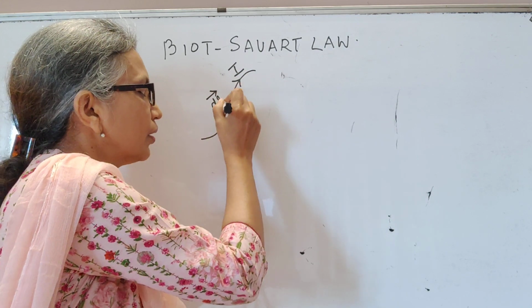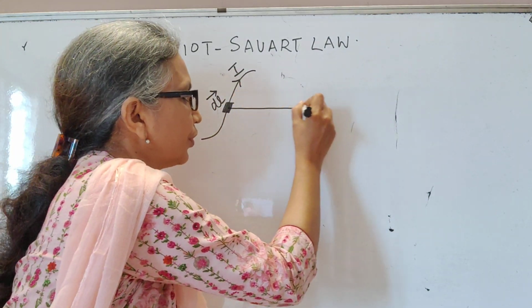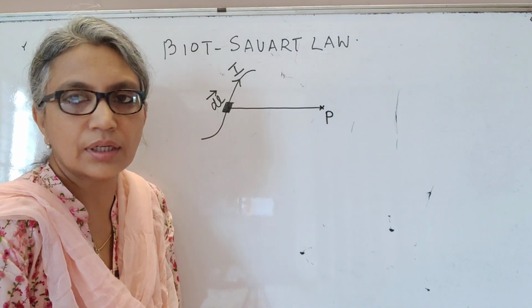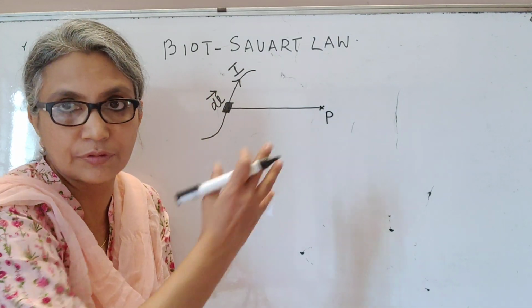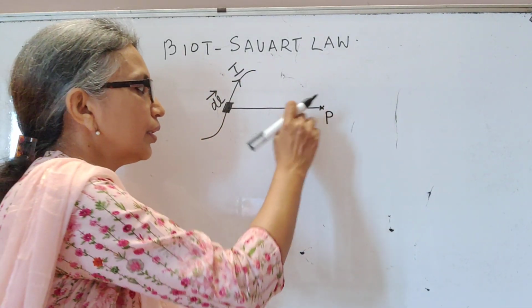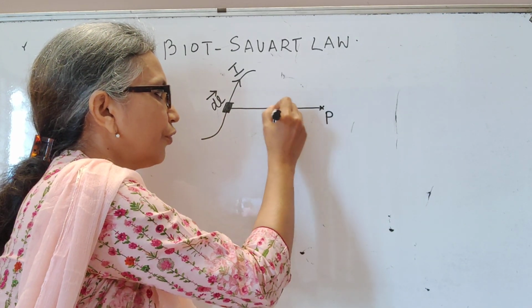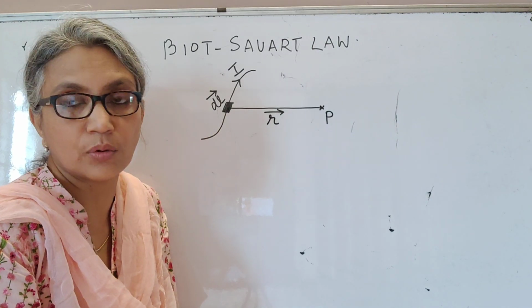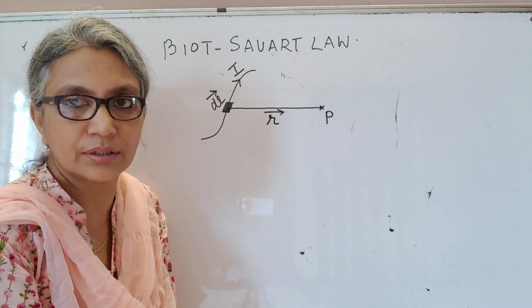Now, because of this current, we have a magnetic field, let's say at point P, because we know current carrying conductors have magnetic fields associated with them. Let this distance be r, another vector directed from this dl to the point P, where we are going to find out the magnitude of the magnetic field.